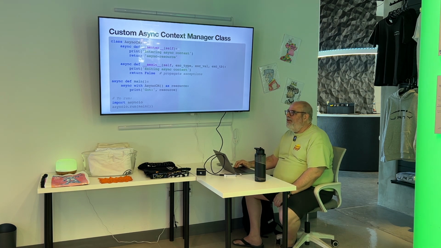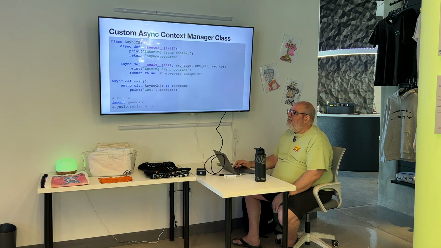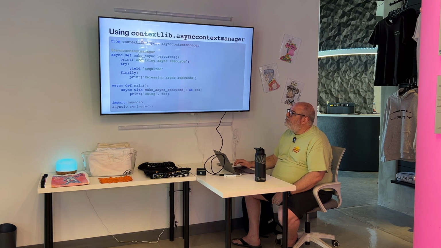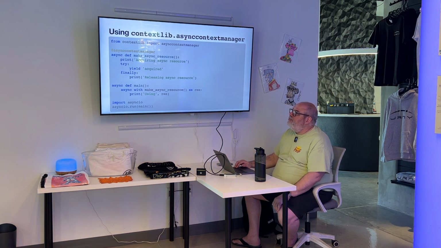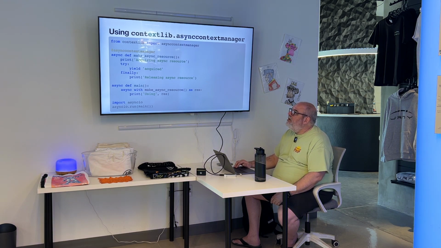How do I loop properly? Do I put async before, async after, or both? Do I do an async for or an await? That gets confusing for me anyway. And then there's an async context manager decorator as well. It's the exact same thing as before, except you're just decorating an async function.